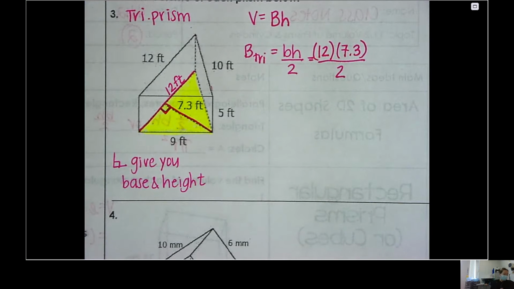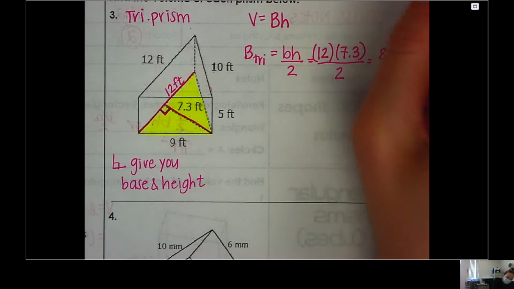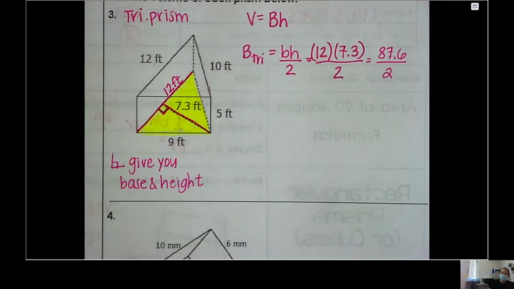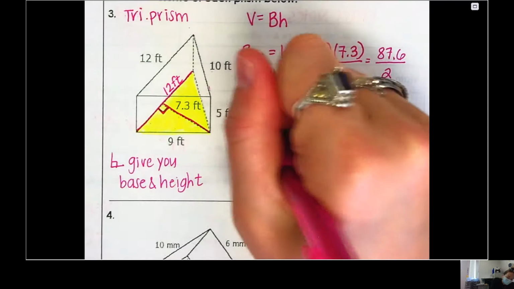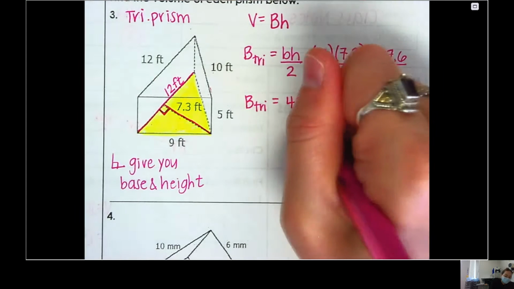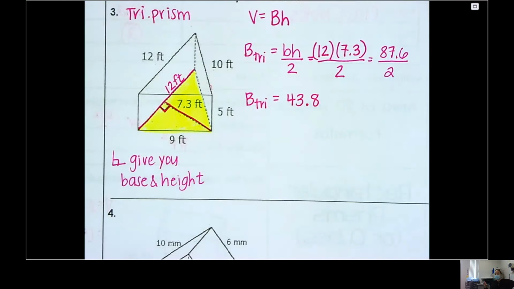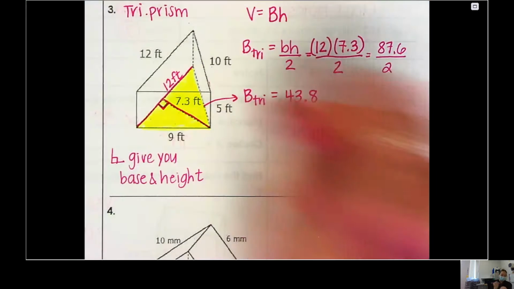So if I multiply 12 times 7.3, I get 87.6. And then I'm going to divide that by 2. So my area of the triangle just at the bottom is 43.8. And that is just the area of the yellow triangle and nothing else. That is just this.